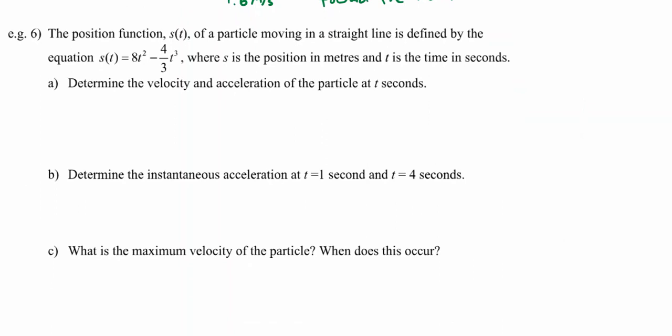All right, next one. The position function, s of t, of a particle moving in a straight line is defined by the equation this, where s is the position in meters and t is the time in seconds. Determine the velocity and acceleration of the particle at t seconds. Same thing really. So v is equal to, and I'll use Leibniz notation this time, ds dt, which would be 16t minus 4t squared.